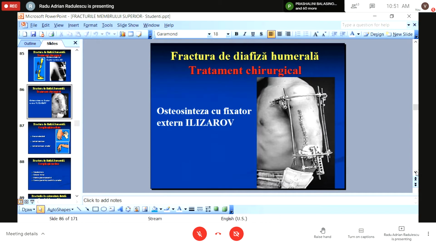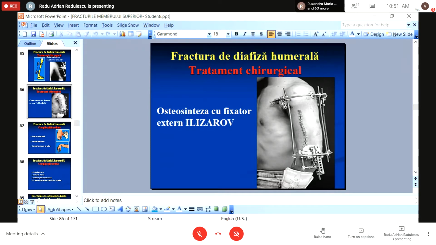This is another type of fixation, the Ilizarov external fixator. Well, this is Russian, one of the contributions of the Russian orthopedics to modern science.